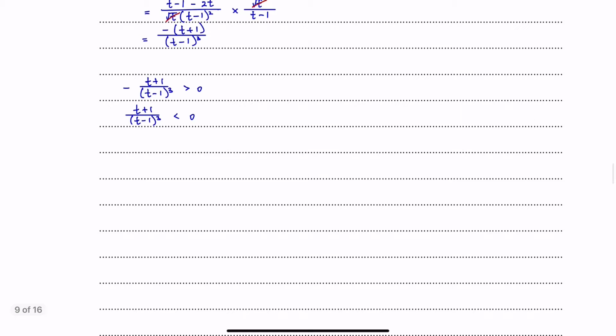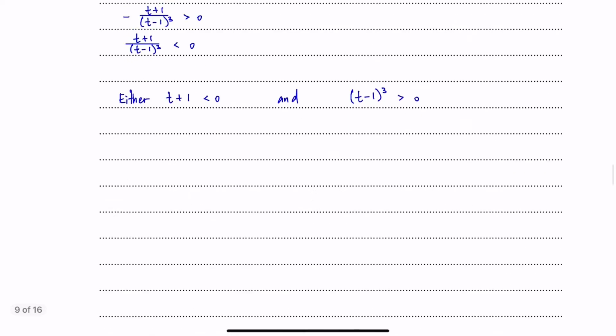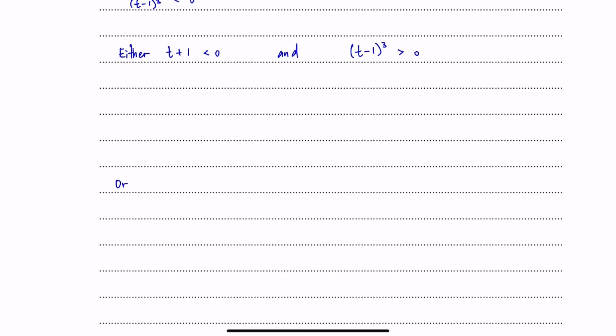So, to let it be less than 0, we either have t plus 1 less than 0 and t minus 1 cubed more than 0, or we get t plus 1 more than 0 and t minus 1 cubed less than 0.